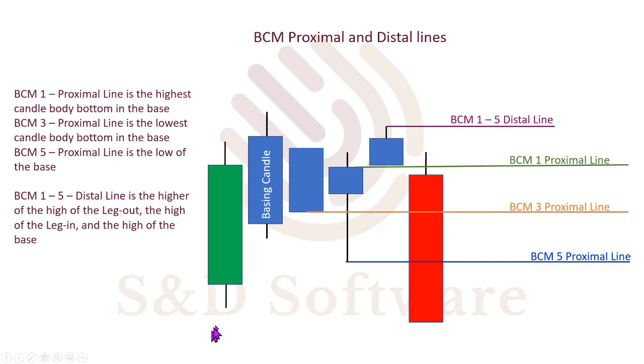This is an example of a rally base drop, and again it's showing you where the lines would be placed in that scenario. So hopefully this will help you understand your options for band creation methods on the standard tools chart tools application.